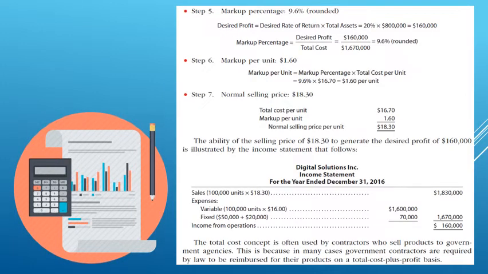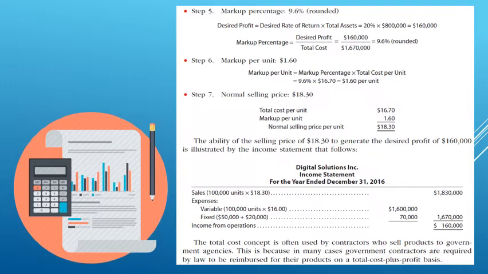In the 5th step, we have here the markup percentage of 9.6%. So how did we come up with that? So the desired profit, as mentioned earlier, is the desired rate of return times the total assets. So we have here 20% times $800,000.